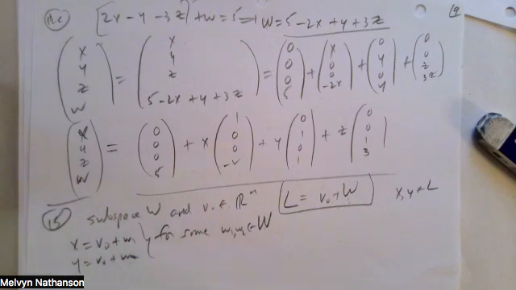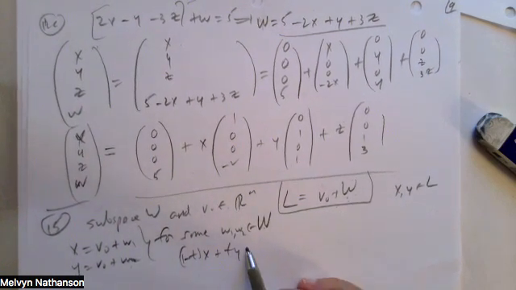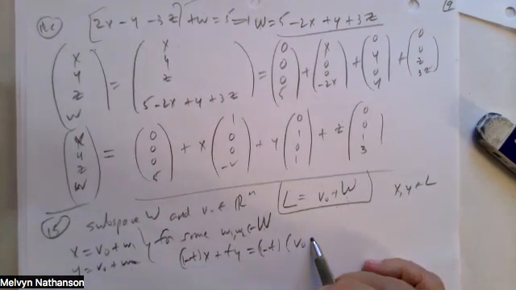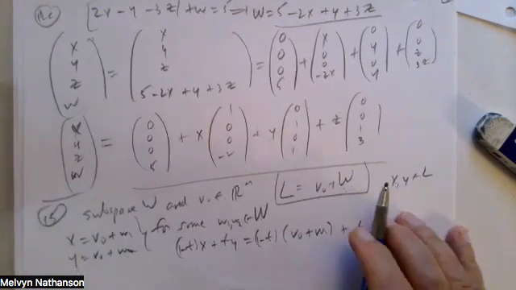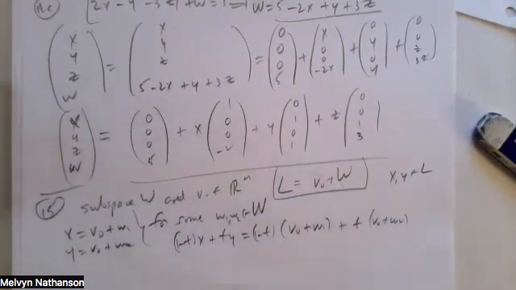So what can I say about 1 minus T times X plus T times Y? X is V naught plus W1. And Y is V naught plus W2. So let's just expand this.